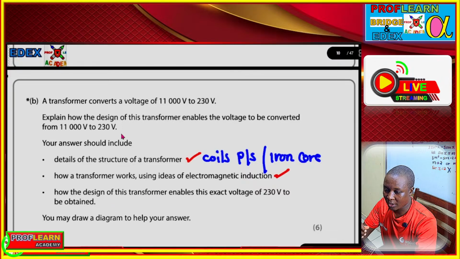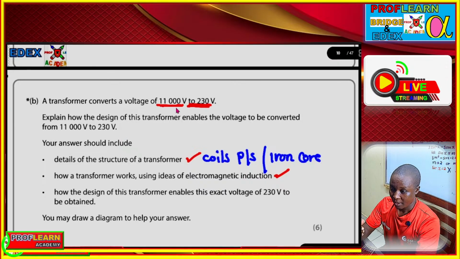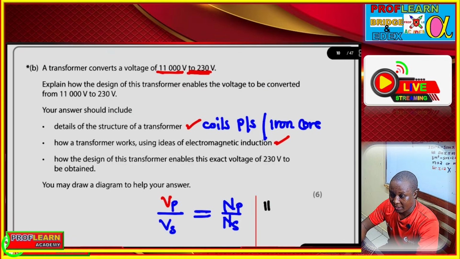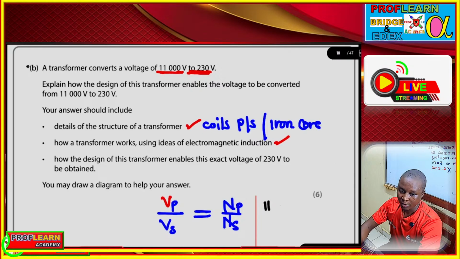How to design the transformer to enable 230 volts to be obtained. In that case, we are going to use the formula VP over VS, voltage in the primary coil over voltage in the secondary coil, equals number of turns in the primary coil over number of turns in the secondary coil.